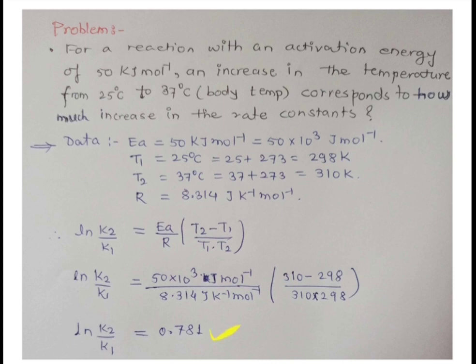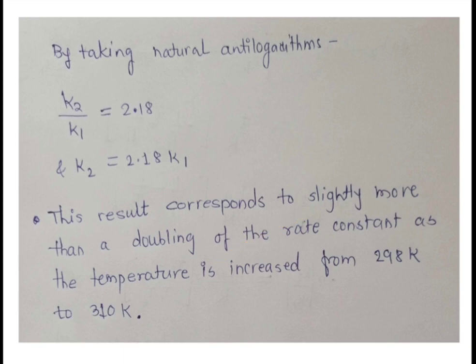So it will come to 0.781. This is the ln of K2 upon K1. Now take the antilog. After taking the antilogarithm, the value of K2 upon K1 will be 2.18. So simply K2 is equal to 2.18 K1.